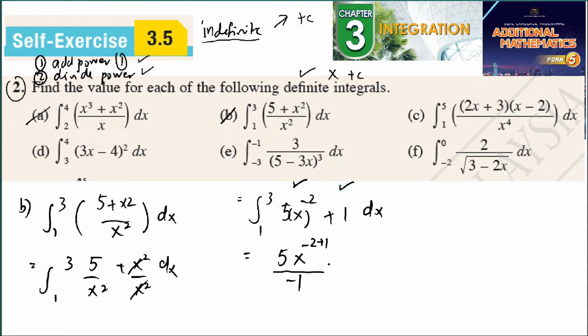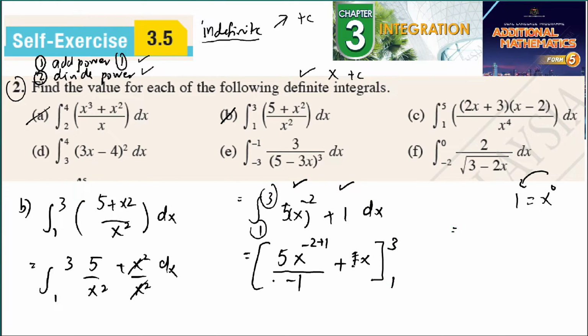And then for the second one, 1 is actually x to the power of 0, because we know everything to the power of 0 gives 1. So usually when you have a constant, you just put x after it. If 1, it will become 1x or just x. If you have 3, it will be 3x, something like that. Okay, so after you're done, you close it back, and then you don't forget to put the limits, which are 1 to 3.